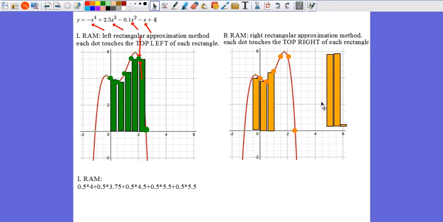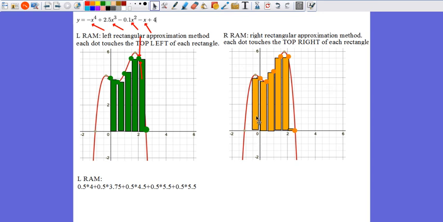The dots touch the top right of each rectangle. Here, here, and here. Now this rectangle is actually not going to count because it is not within the yellow area that we want from the previous example. This rectangle is outside of it, so we don't even care about that.